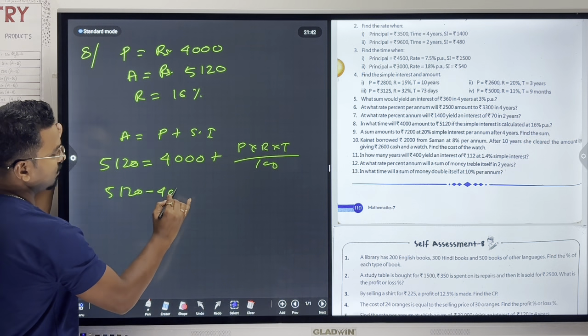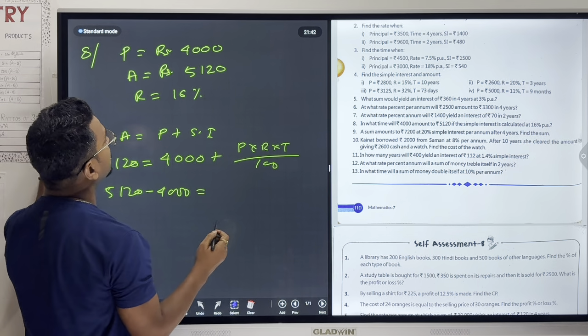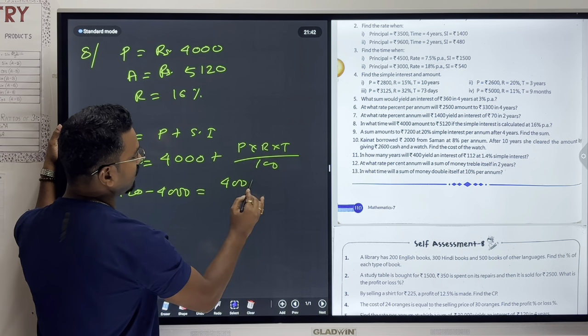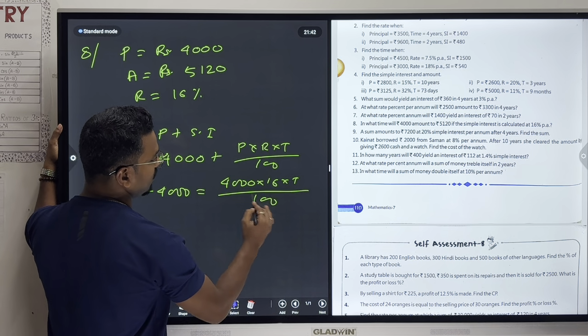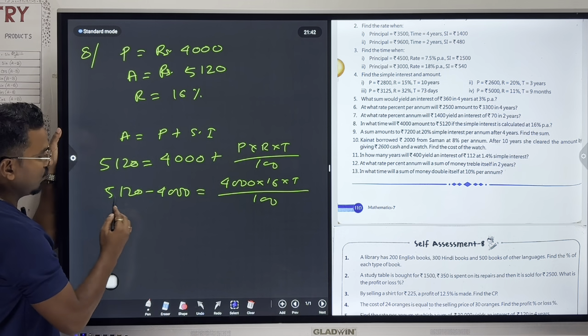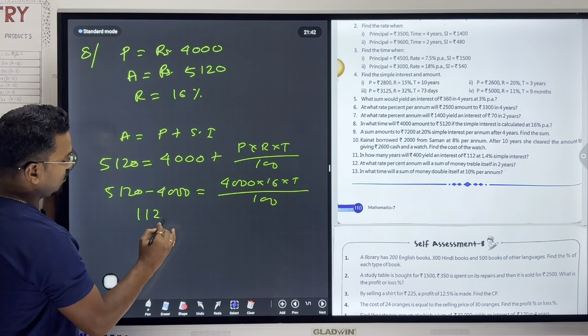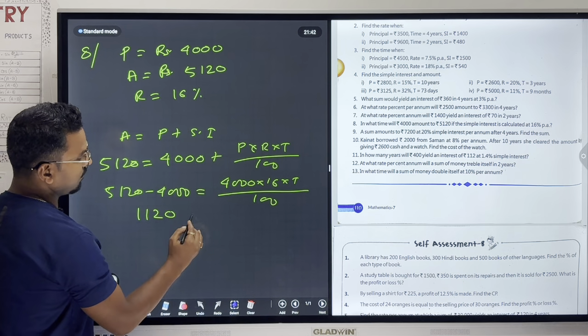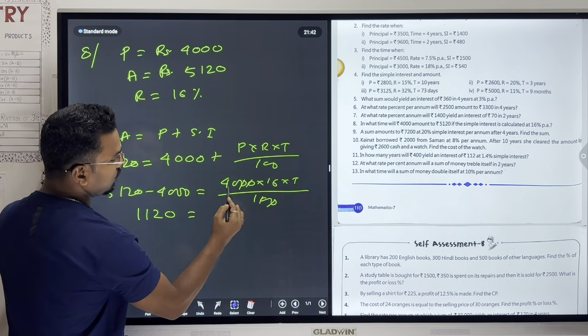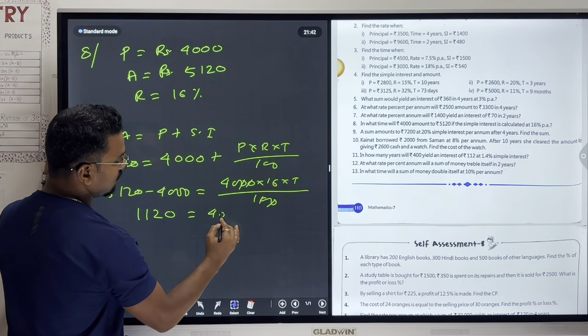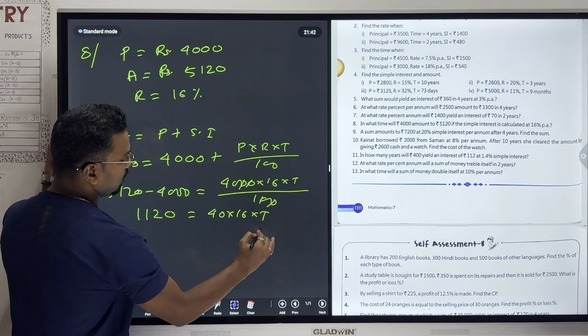5120 minus 4000 is equal to, what is the principal? Principal is 4000, rate is given 16, time we don't know, and this is 100. So if you subtract, you will get 1120 equals to 40 and 100 get cancelled. So 40 into 16 into T, right?